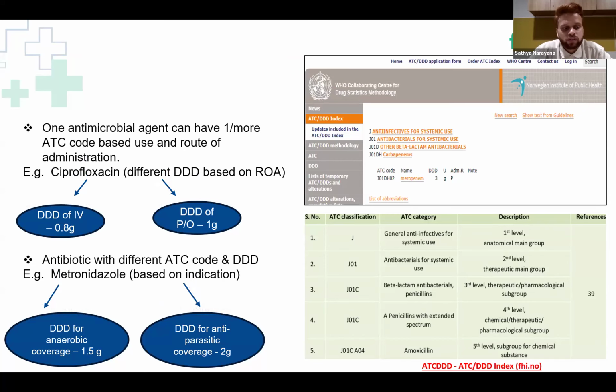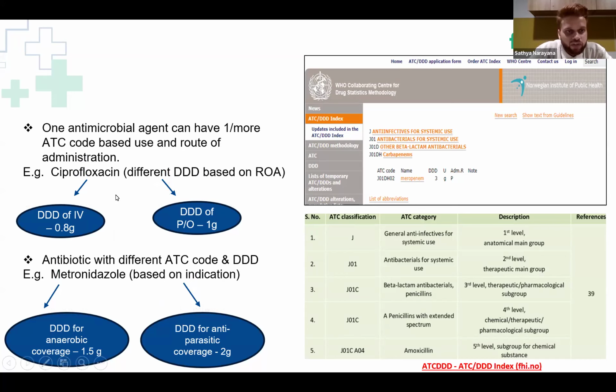If you notice this, every antimicrobial agent would be having this code. But the issue is there would be a few antibiotics where the ATC code would be given based upon its route of administration and also the indication it is used for.